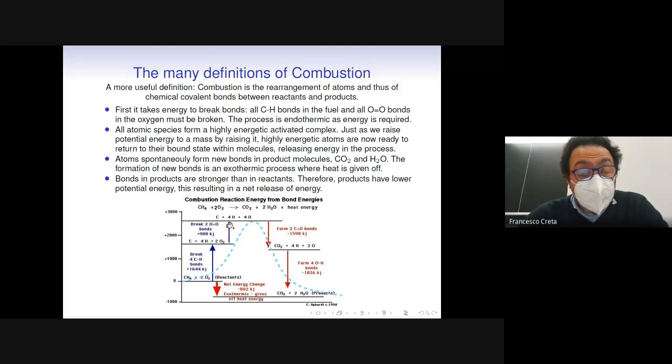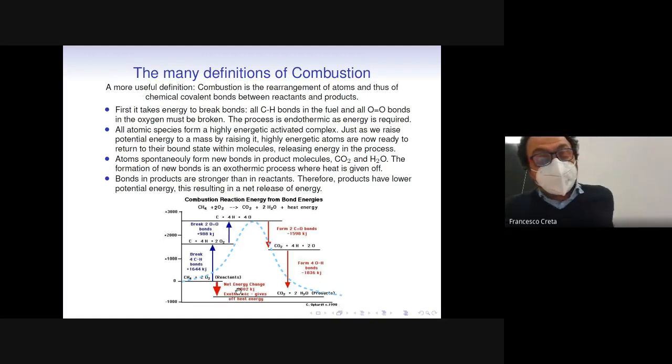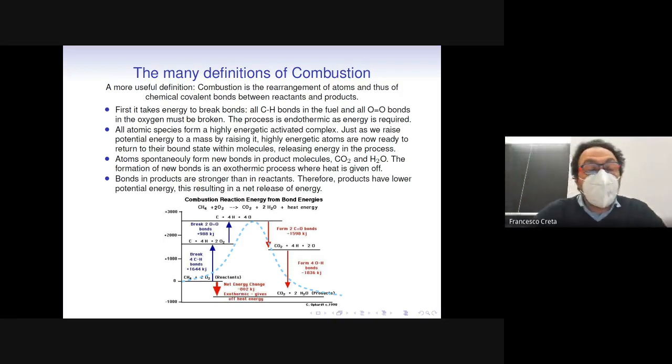Essentially, the net energy change in this new configuration will be the heat of reaction, the heat that is being produced by the combustion reaction.